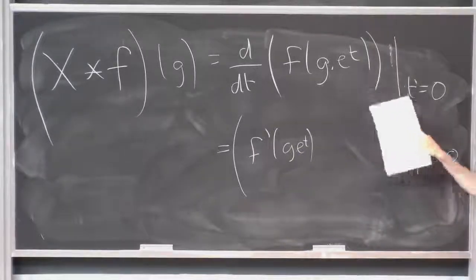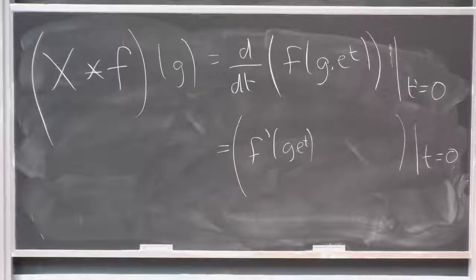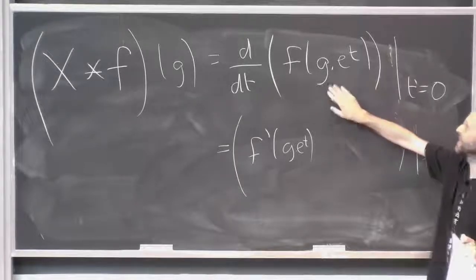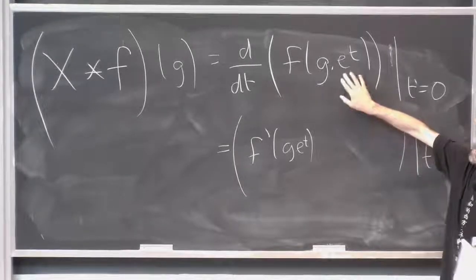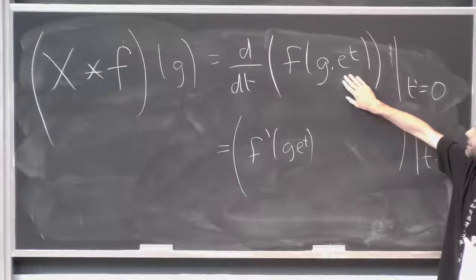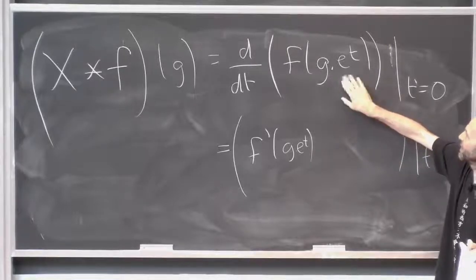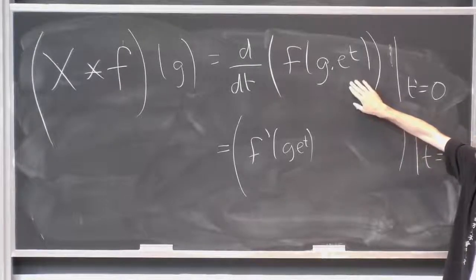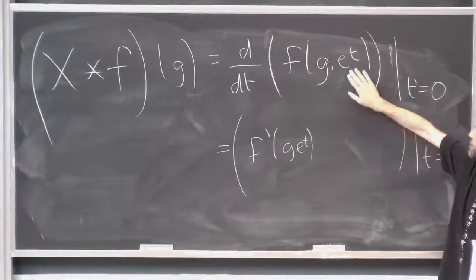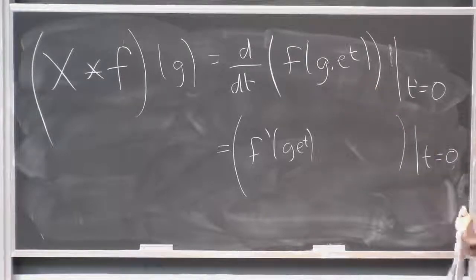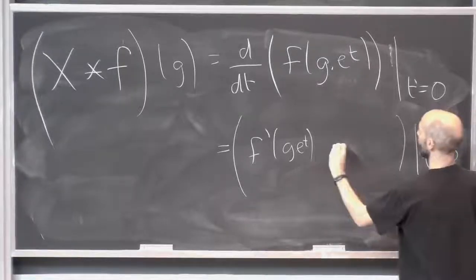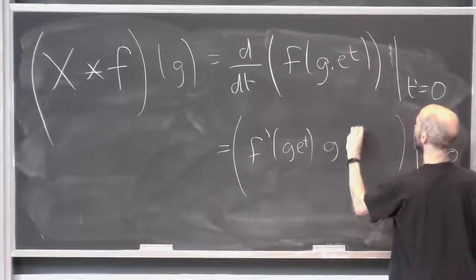And now I need to differentiate g times e to the t. Everything is a non-zero real number, right? So g is constant, and this is a constant times e to the t, and the derivative of that with respect to t is the same: the constant times e to the t.